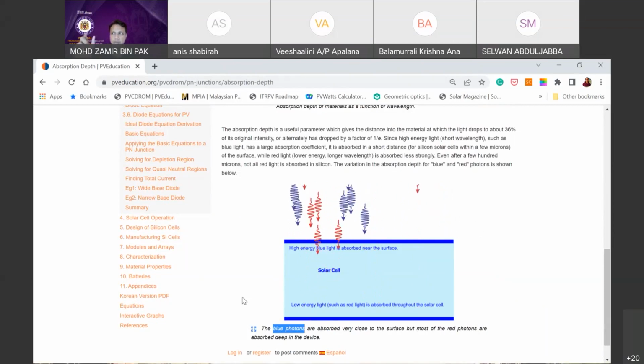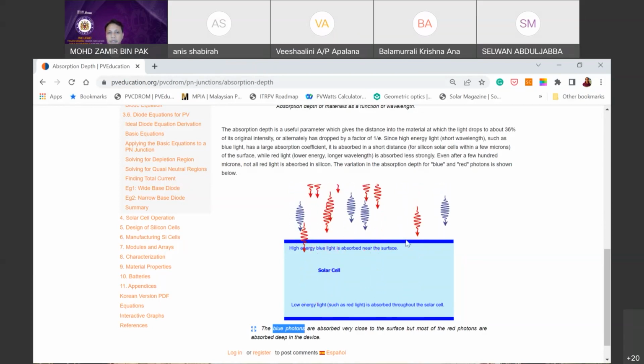Blue here is to denote the UV region, or short wavelength. You can see that the blue photons are absorbed at the surface. By the time they reach the surface they are all gone. They are all absorbed already. On the other hand, if you compare to the red, these red photons are near infrared, perhaps. You can see that they are absorbed at the back, isn't it?